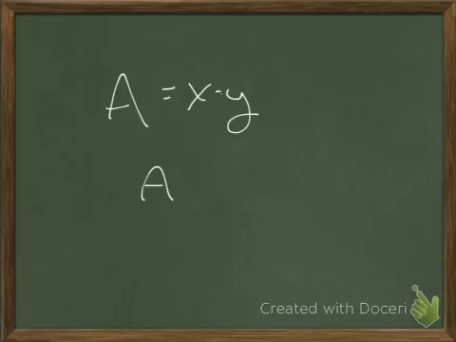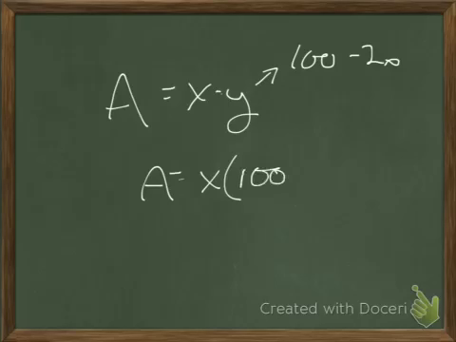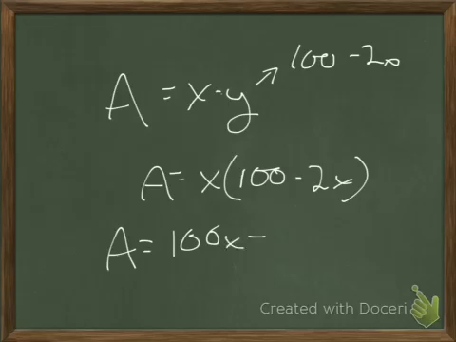Since we know that y equals 100 minus 2x, we can just plug in that area equals x times 100 minus 2x. And we can distribute that x, and we get area equals 100x minus 2x squared.